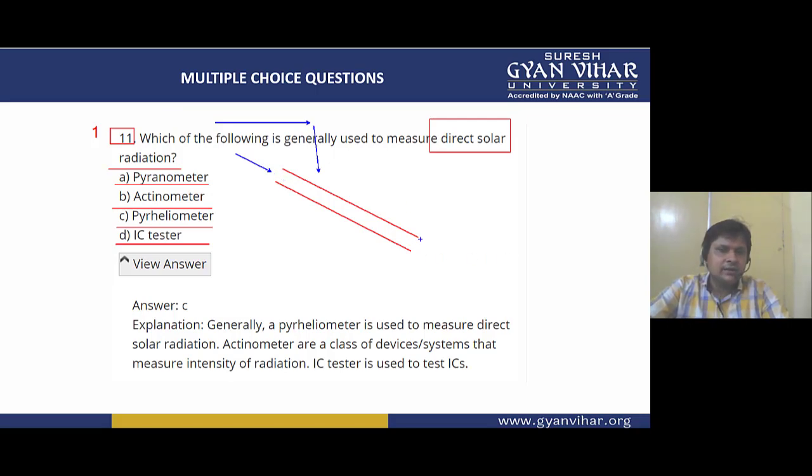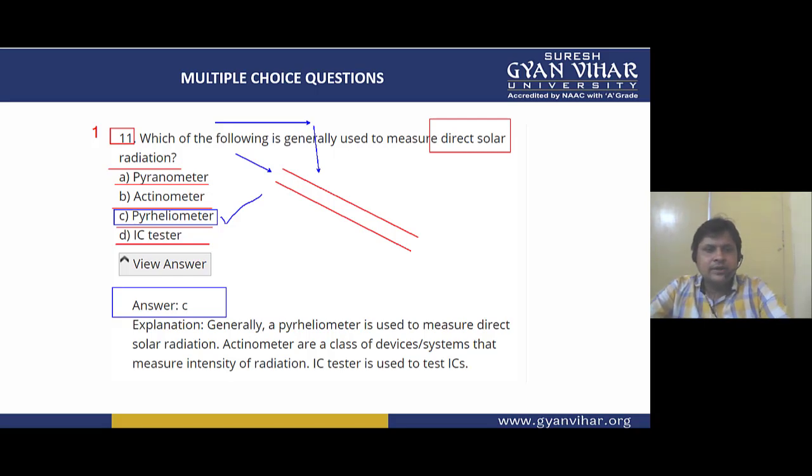It looks something like a telescope. So among the options, the correct option is the pyrheliometer, option C. The explanation given is that a pyrheliometer is used to measure direct solar radiation. Actinometers are a class of devices that measure the intensity of radiation. An IC tester is used to test ICs. So it is very simple.